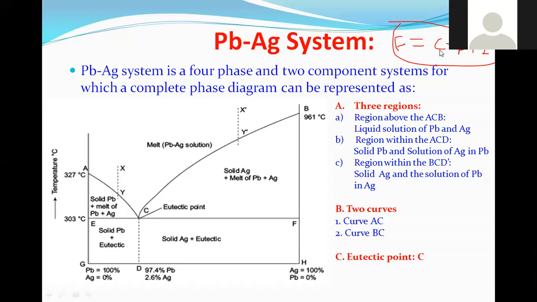Number of components 2 plus 1 is 3. 3 minus P, the number of phases is only 1. 3 minus 1 is 2. Therefore, degrees of freedom is equal to 2.